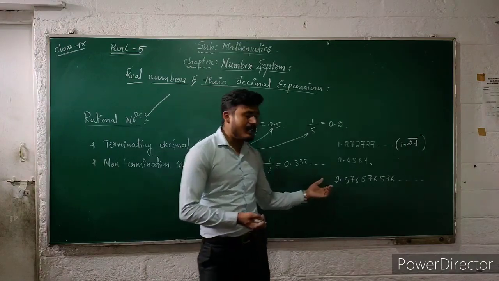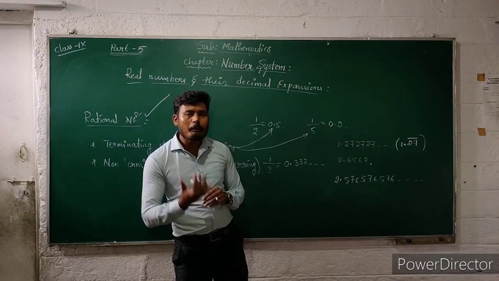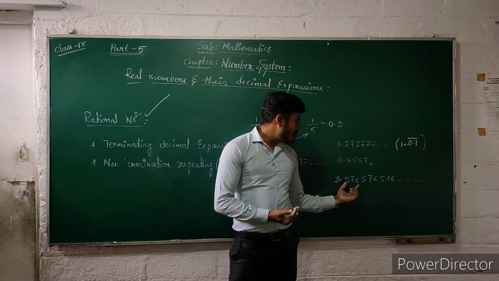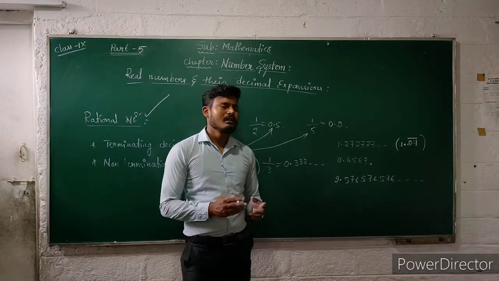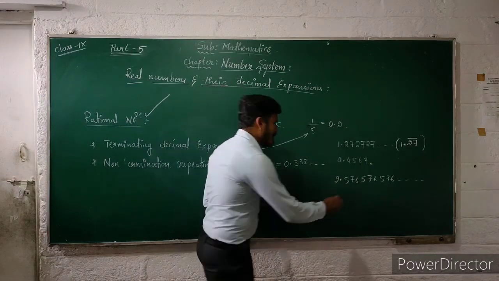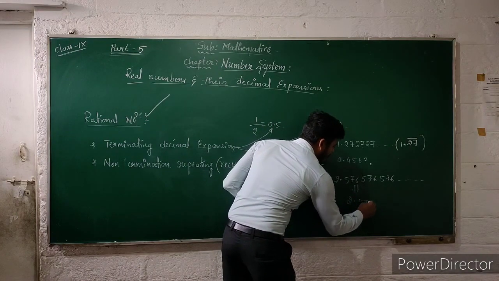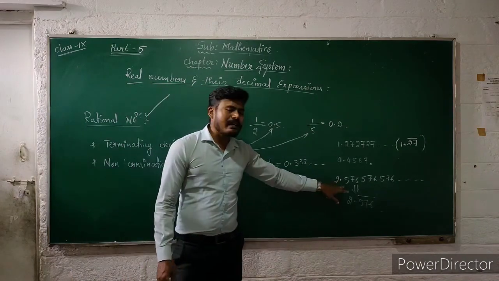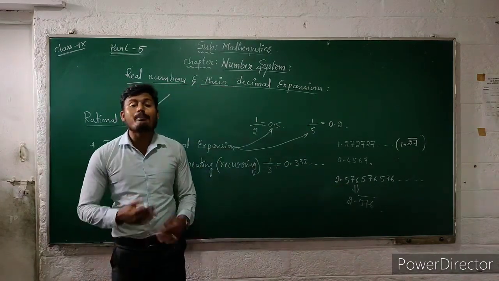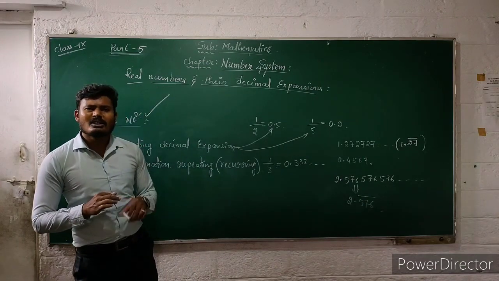Here also it is a non-terminating decimal expansion, but it repeats 3 numbers simultaneously, the same numbers, 576. So it can also be written as 2.576 bar. This is the representation of this kind of non-terminating repeating decimal expansion. Understood?